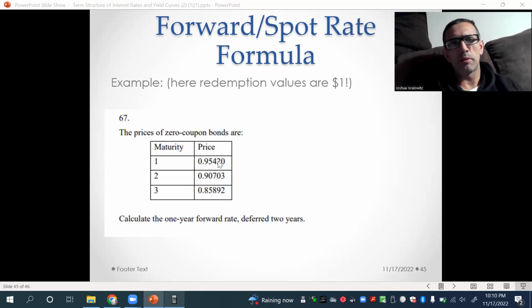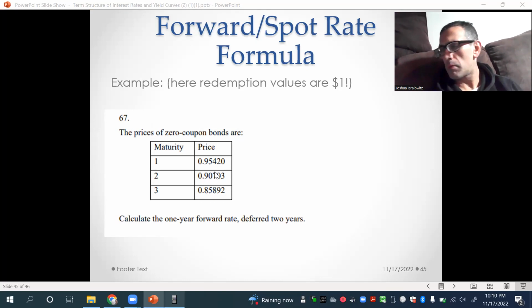It's reasonable, but it doesn't make any sense to me. So this is the price for a redemption $1 zero coupon bond. Calculate the 1-year forward rate, deferred 2 years. What this means is we're finding the 2-year forward rate.